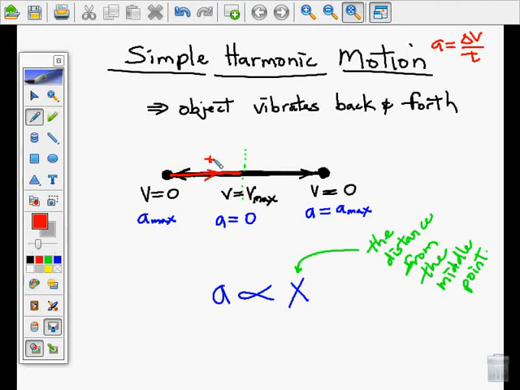So maybe the acceleration over here is 10 meters per second squared, and then 8, then 6, then 4, 2 meters per second squared. So it's still speeding up, don't get me wrong, but it's not speeding up by the same quantity.